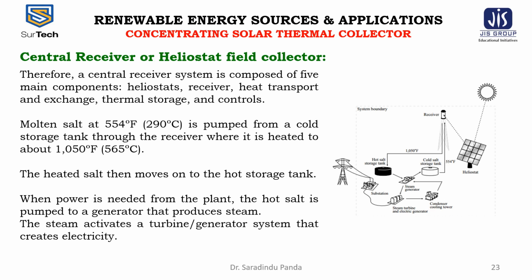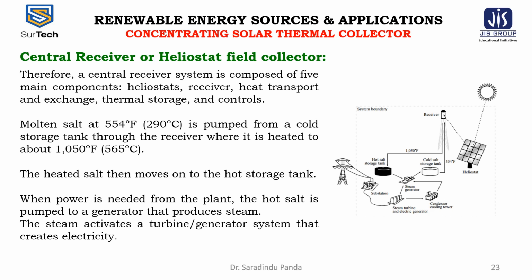The molten salt at 554 degrees Fahrenheit is pumped from a cold storage tank through the receiver, where it is heated to about 1050 Fahrenheit. The heated salt then moves on to the hot storage tank. When power is needed from the plant, the hot salt is pumped to a generator that produces steam.